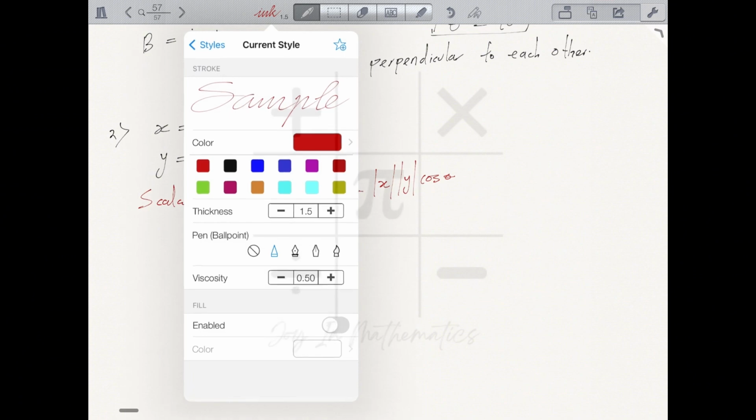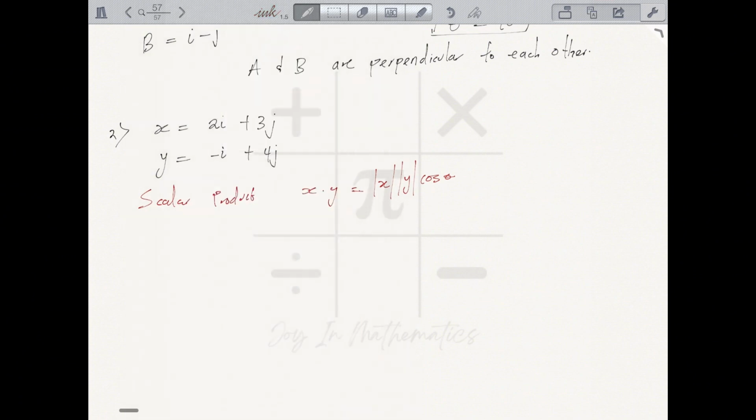Let's begin with the modulus of x, which will be the square root of 2 squared plus 3 squared, that's root 4 plus 9, which is root 13. Likewise, the magnitude of y is the square root of minus 1 squared plus 4 squared, that is the square root of 1 plus 16, which gives us root 17.